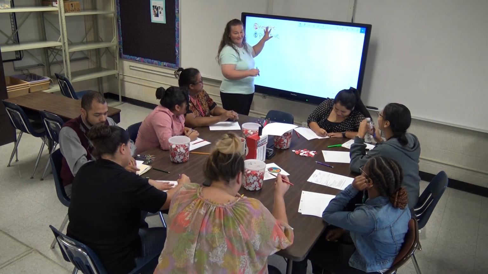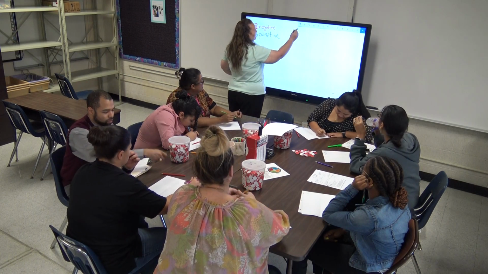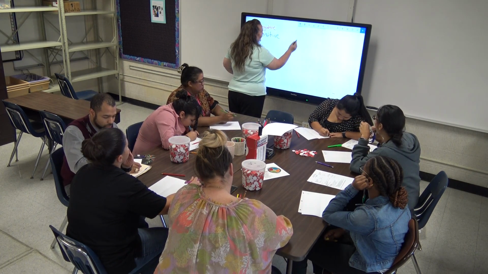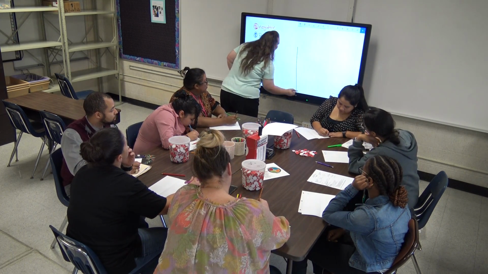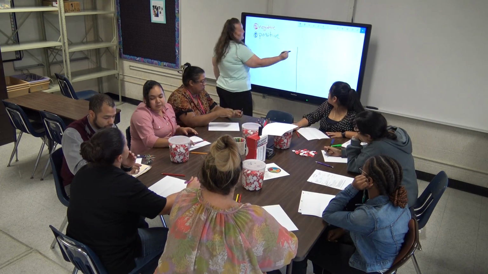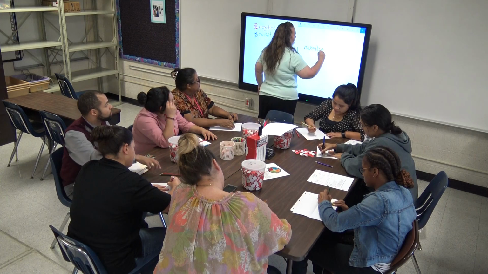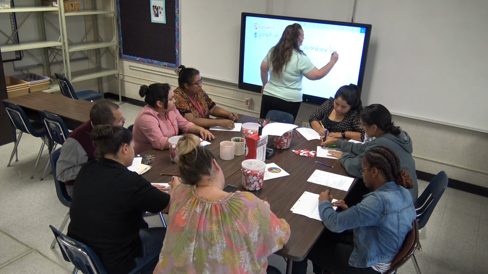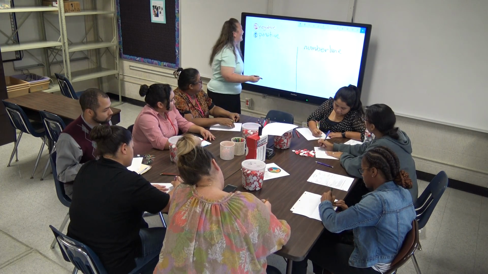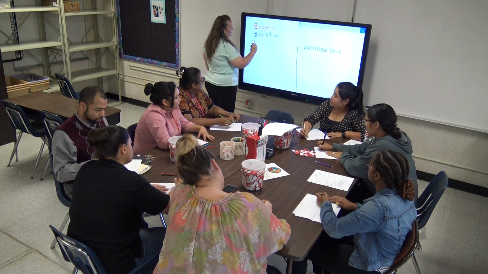I will be taking this off in a minute, but I want you to have the top part all set up correctly. If you're looking at your paper, this side is going to be the number line, and this side is going to be the two color counters.